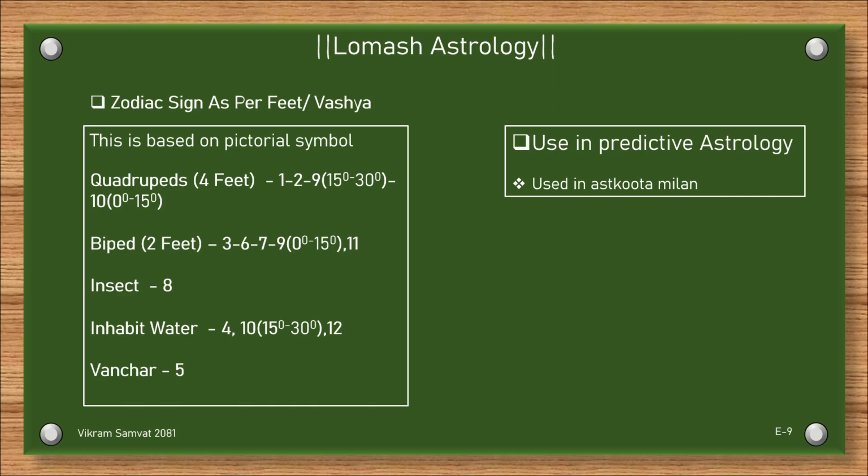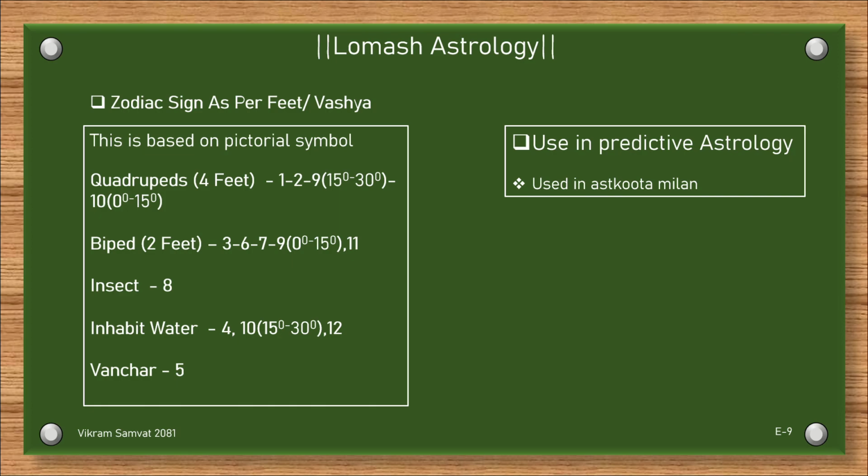I have already explained in the first and second episodes of basics of Vedic astrology that each zodiac sign is of 30 degrees. So the first half, 0 to 15 degrees, is human holding bow and arrow, and the second half, 15 to 30 degrees, is a horse, a four-feet animal.